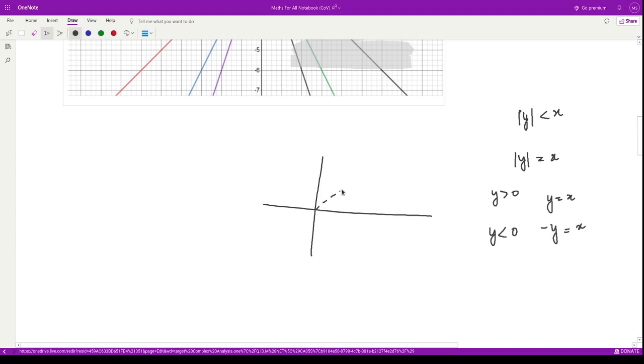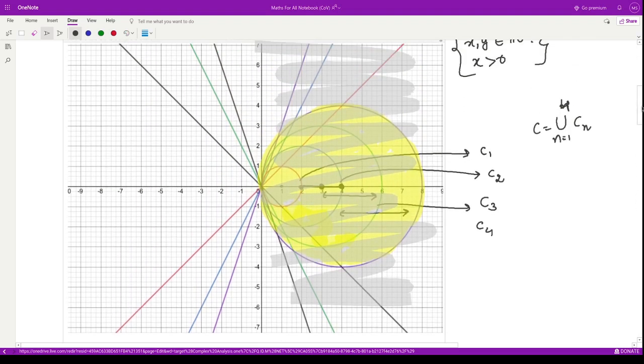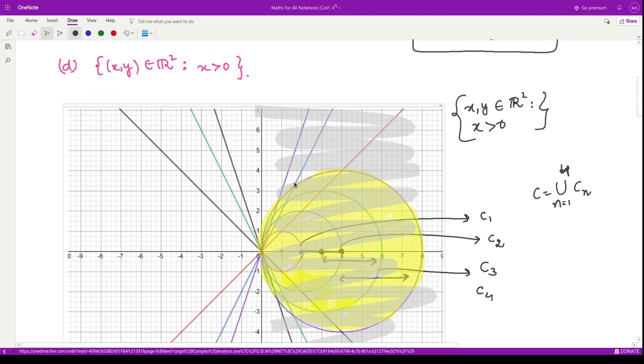One is when we have y is equal to x, right? This is the line, and another line is when we have y is equal to minus x over here. So these are lines passing through the origin. We can look at this in this figure. Here this red line is our y is equal to x line, and this black line is the y is equal to minus x line.